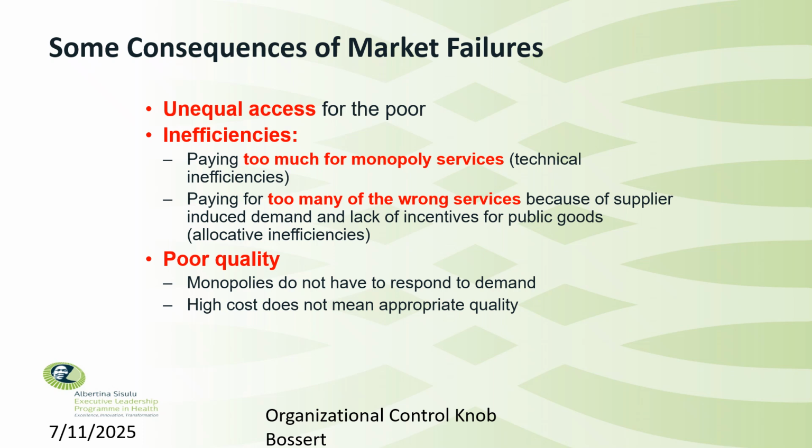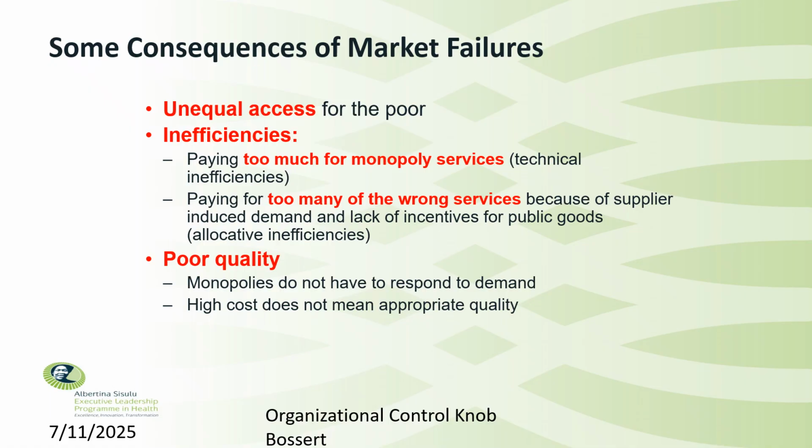If you're also paying too much for the wrong service, in other words, you've allocated it to the wrong service because of supplier-induced demand, then that becomes an allocative inefficiency. You decide to pay for cesarean sections because the supplier is saying that's what I will provide, but maybe that's not what is needed. Then that becomes an allocative inefficiency.